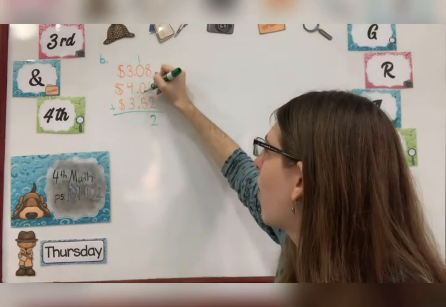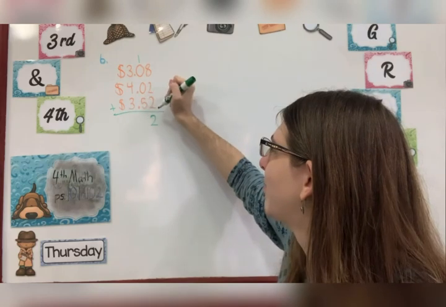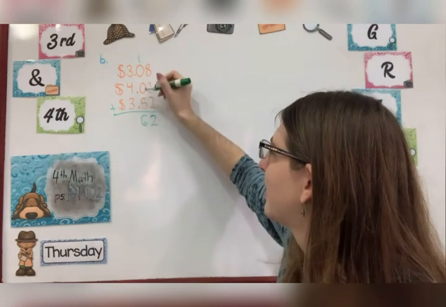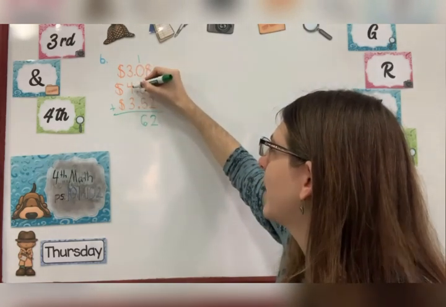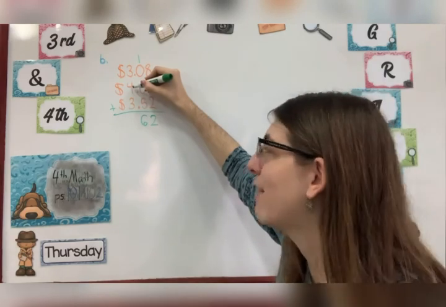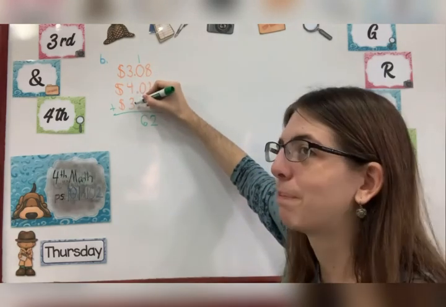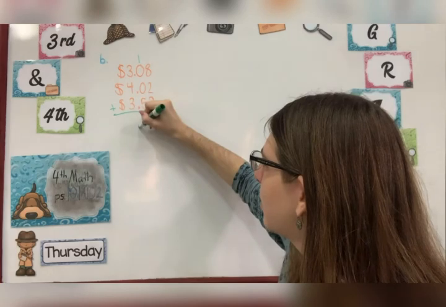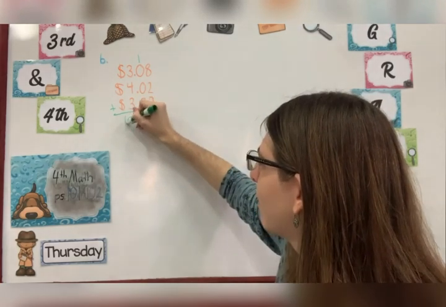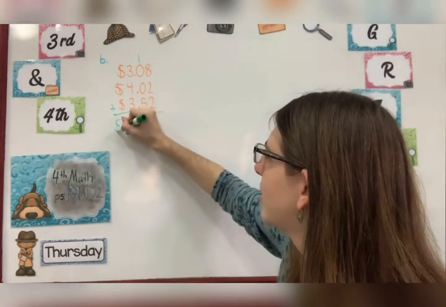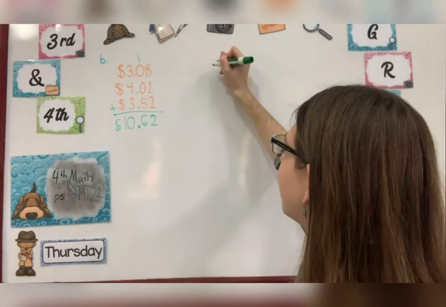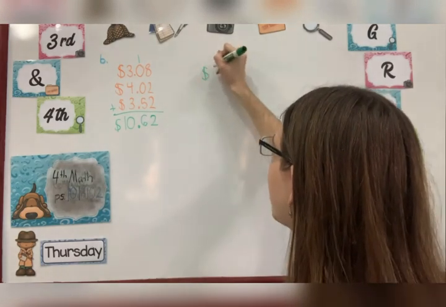Plus 5 is? 6. 3 plus 4 is? 7. Plus 3 is? 10. Put my decimal point, can't forget that. $10.62. Now I do my division step.